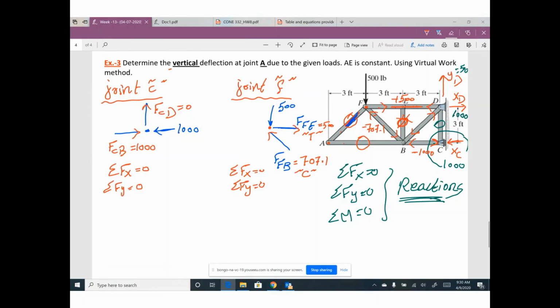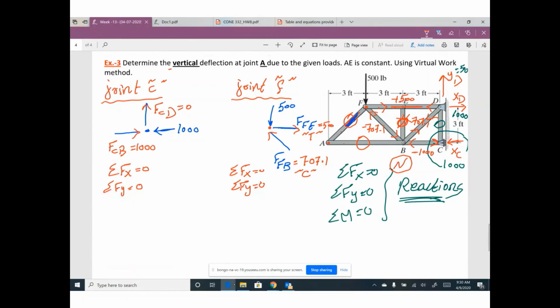I think this one, yeah, will be tension. Sorry, this one will be tension, 707.1. Yes. So these can be called capital N.